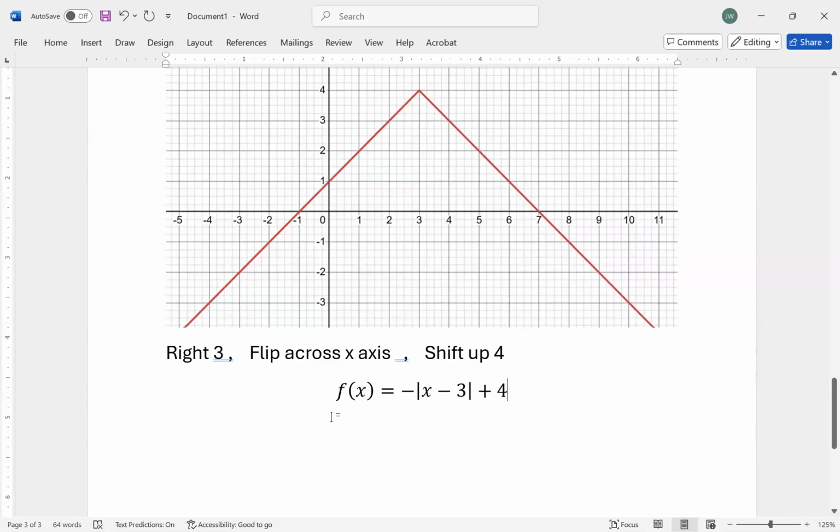As always, you could graph this on Desmos or a calculator, and you would see that this f of x does in fact give you this graph. Right 3, flip across the x-axis, up 4.